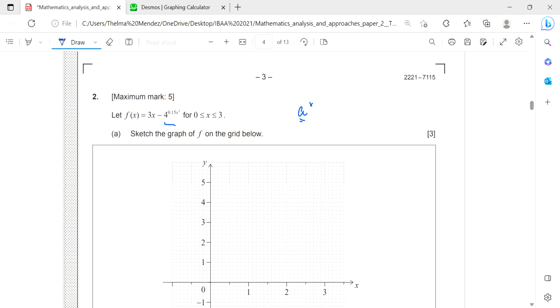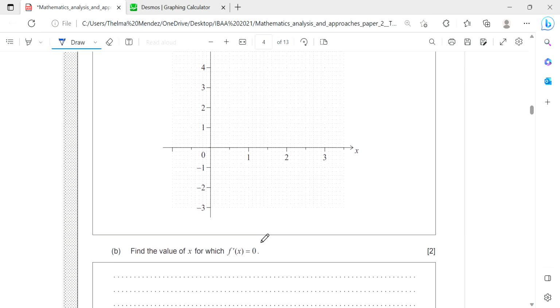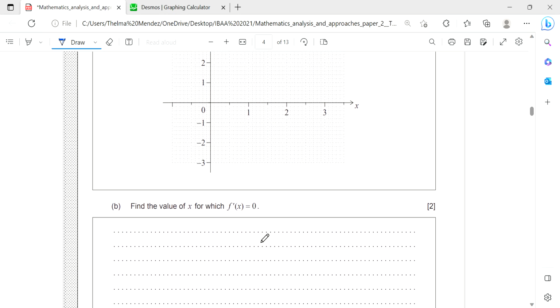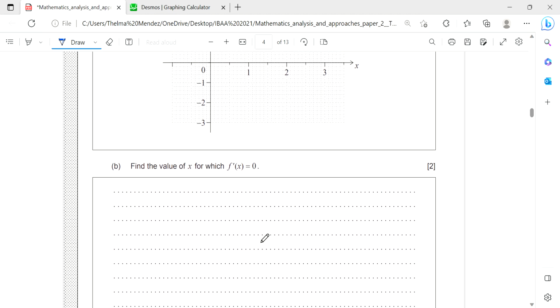So what we can have here is we can just use our graph to find the value. We know that if we get the first derivative and we equate it to 0, we are looking at the maximum or minimum point. In this case, in our drawing, there's no minimum point. So the maximum point occurs at that graph here.